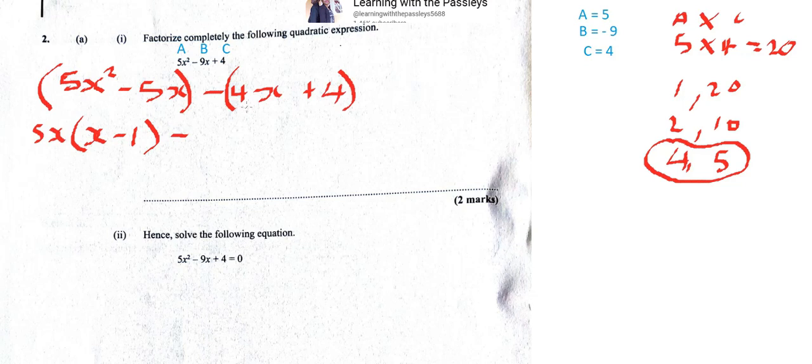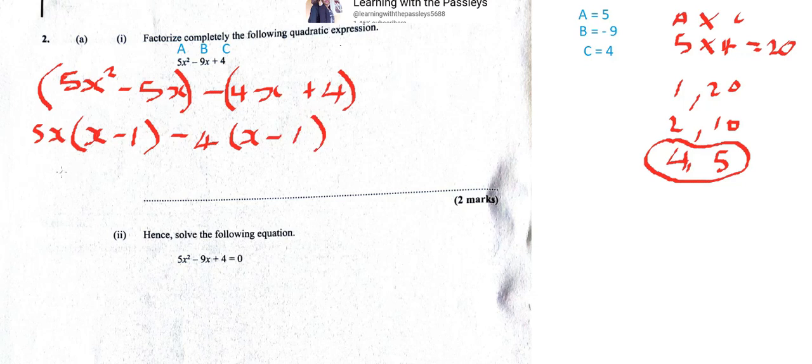So what is the highest common factor here? Would be 4. So I'm going to factor out the 4. 4 into 4x give us x. Negative times positive give us negative. 4 into 4 one time. Right? So now we have two identical brackets.